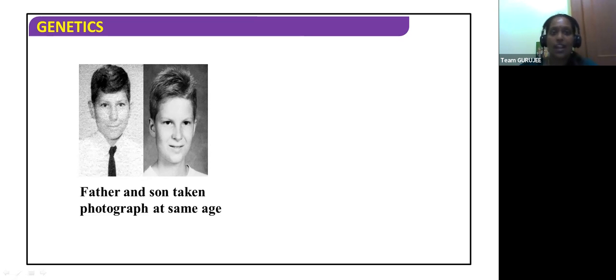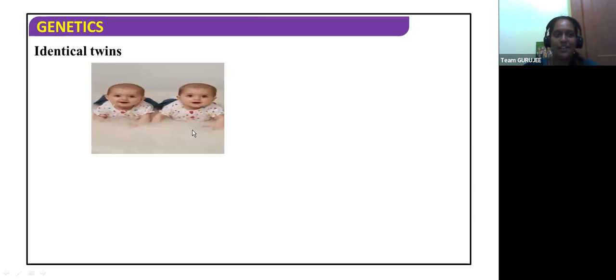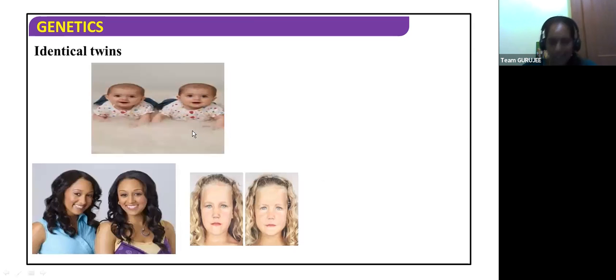But a few tribal populations do not mingle with the other people, so their genes are kept intact. They are not mingling at all. That is why in a few areas you could see similar facial features in them. Okay, these are also the same photographs.